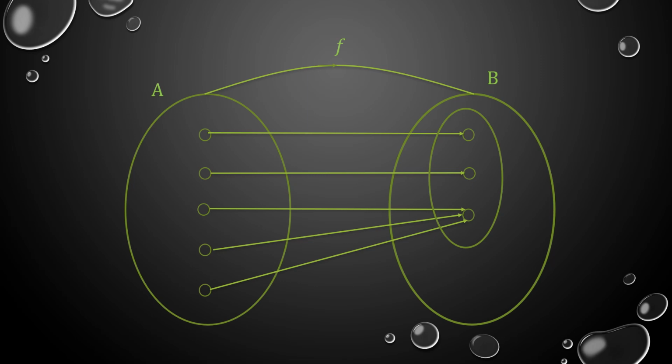And the second way is to find the range of the given function and see whether that range is equal to the codomain of the function or not. If the range and codomain are equal, then you can say that the function is an onto function or a surjection. Is that clear? Okay, so we go to the next part.